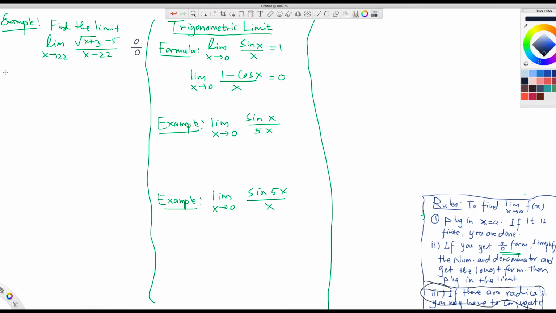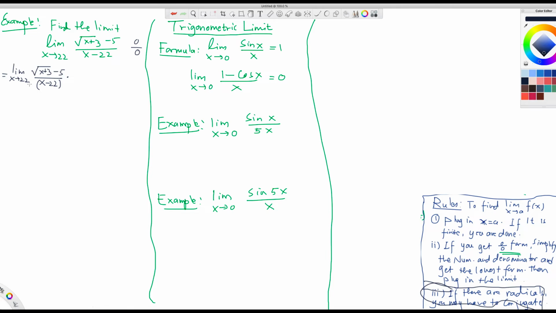So what you do here is write down the limit as x tends to 22 of (root x plus 3 minus 5) divided by (x minus 22), times the conjugate of the numerator. What we usually do is, if there is a root in the numerator, you multiply by the conjugate of the numerator.